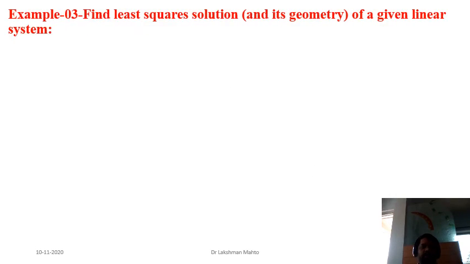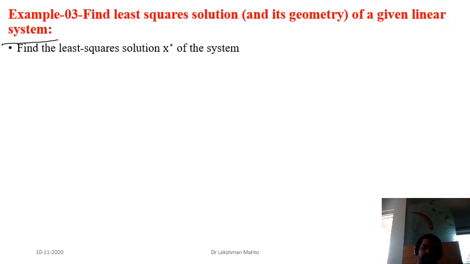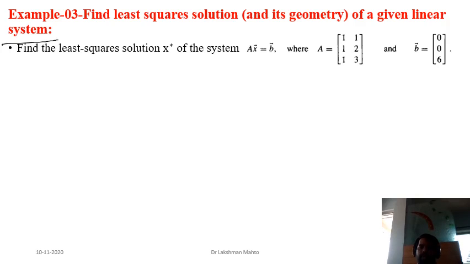Okay, coming to an example, the question is to find the least square solution of a given linear system. Here I am recalling the question: find the least square solution of the system Ax = B, where A is a 3 by 2 matrix, so there are two columns, and B is the given vector with entries 0, 0, 6.